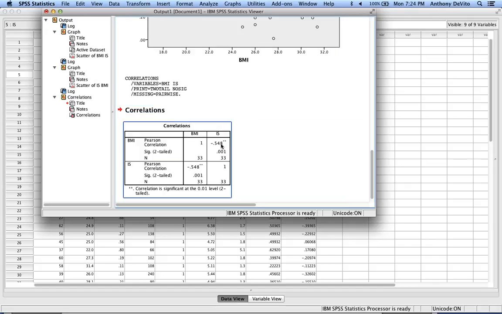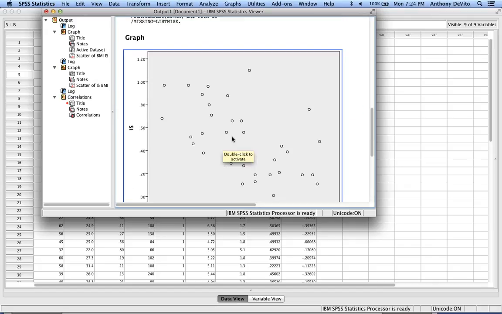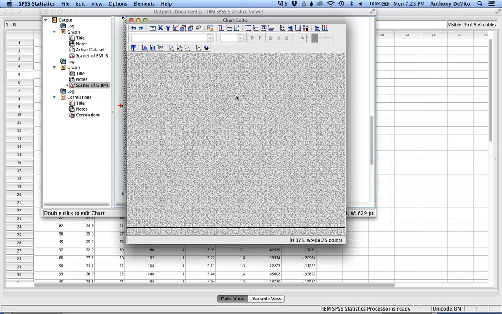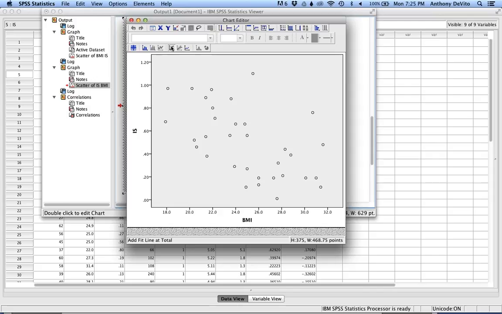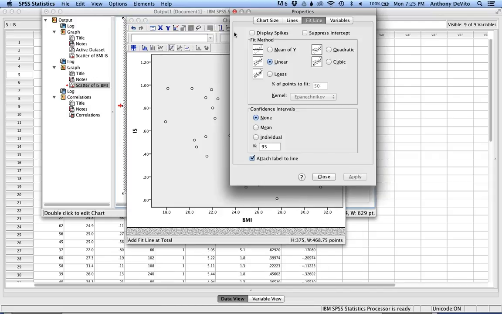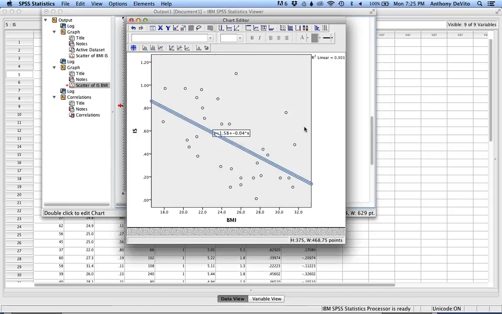That's why my value is 0.548, not 0.95. It's the distance from that line. In fact, if I double click in here, I can go up and ask it to add a fit line. There it is. It drew that line for me. And it cheated also. It calculated the regression for me also. I didn't want it to do that, right?